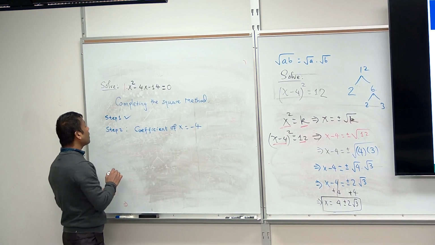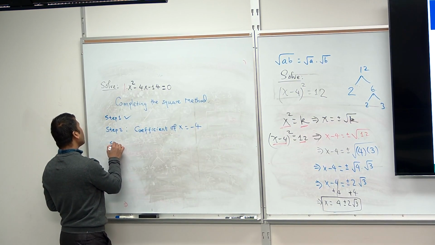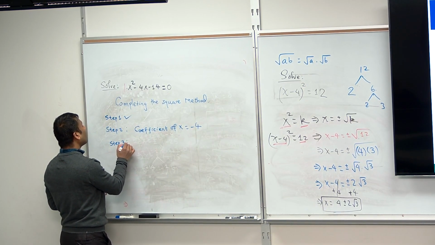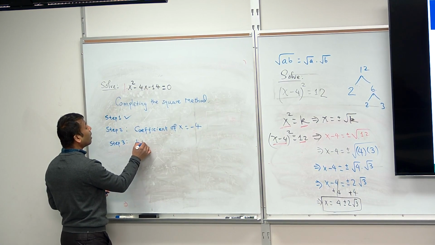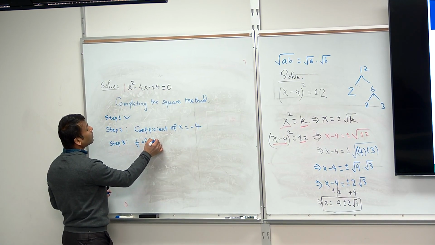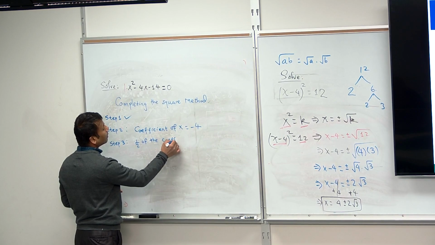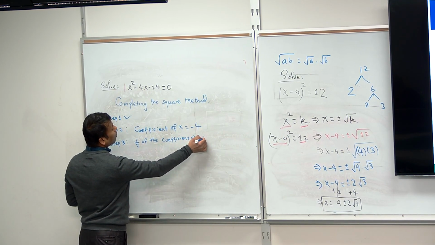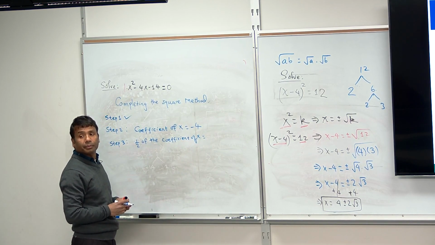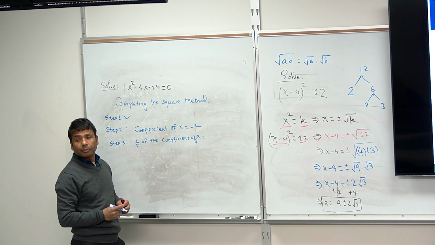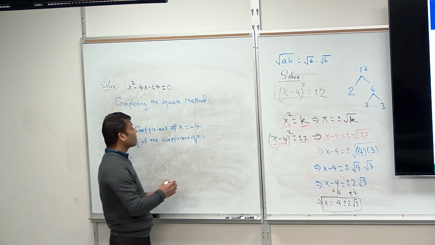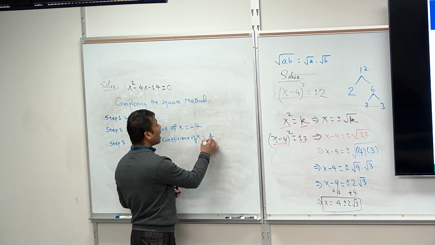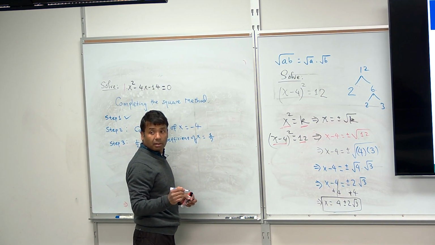And then in step 3, find out half of the coefficient of x. So what is half of -4? Are you guys with me?